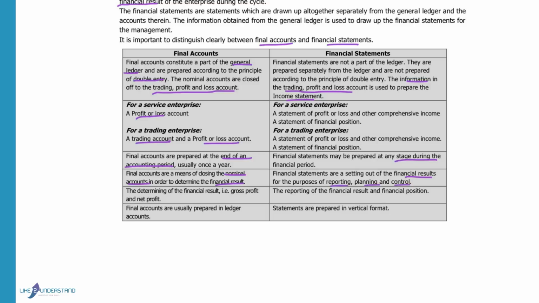To determine the financial result, you will calculate the gross profit and the net profit in your trading account and profit and loss account. To report the financial result and financial position, you will complete the income statement and balance sheet.